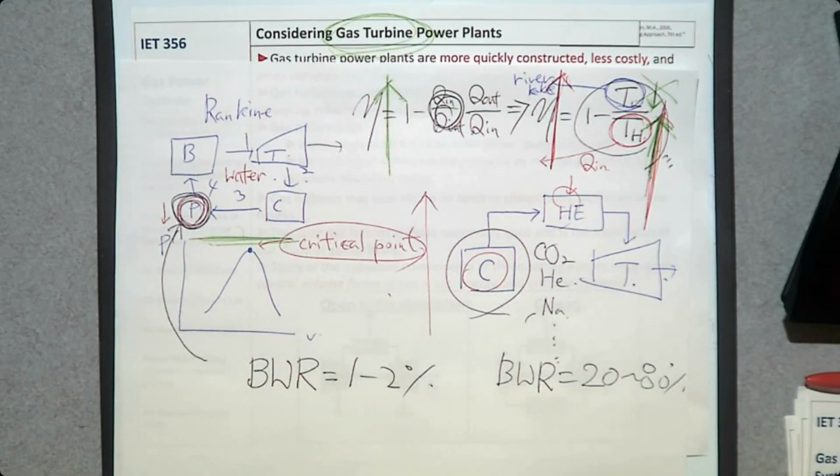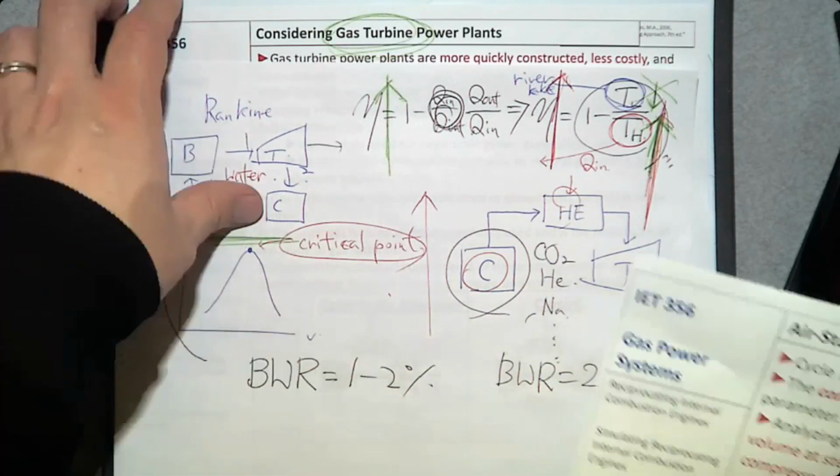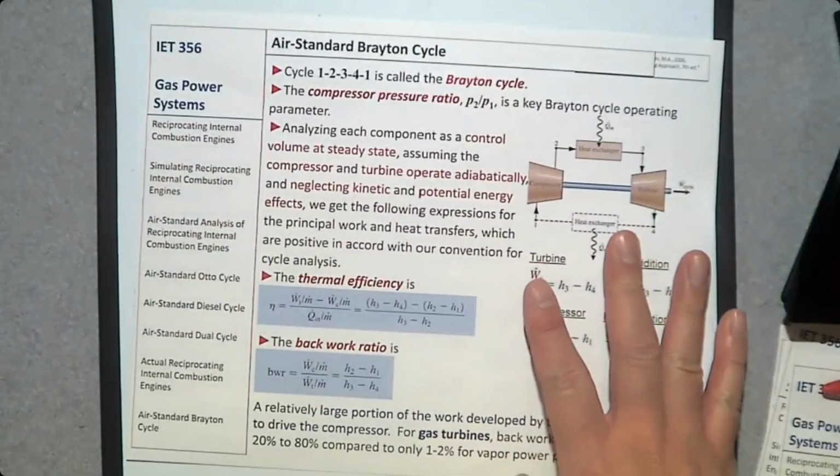Then let's study the gas turbine system. Can we use thermodynamic equations to analyze this gas turbine? Yes, there's something called the air standard Brayton cycle.